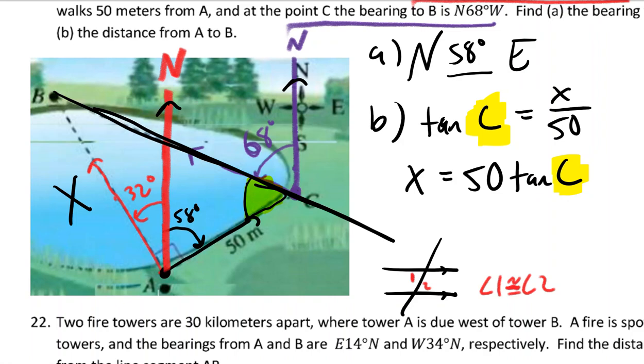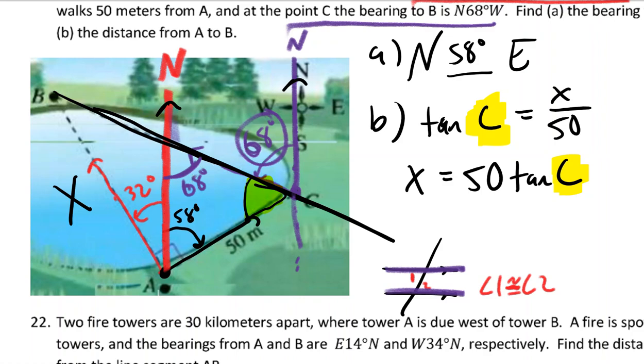So the 68 is in the top right of the transversal on the inside. So it's going to alternate with the bottom left of the interior. These two are alternate interior angles. Again, I can't turn my paper up on the screen here, but parallel line, parallel line, top right alternates with bottom left.